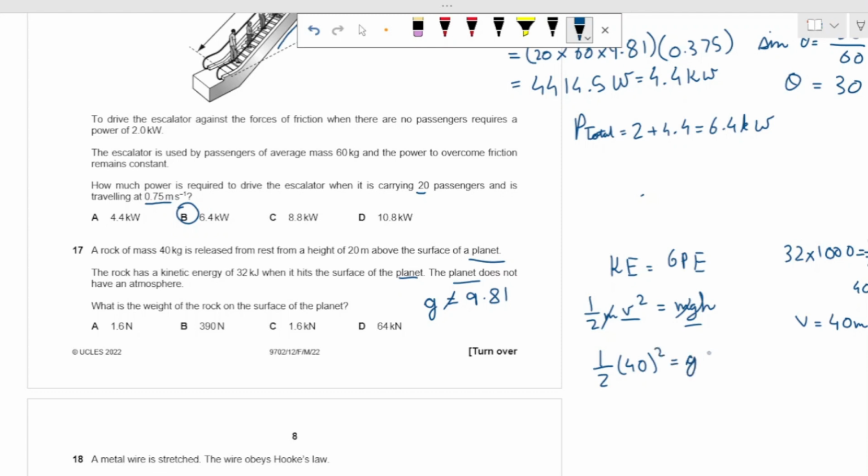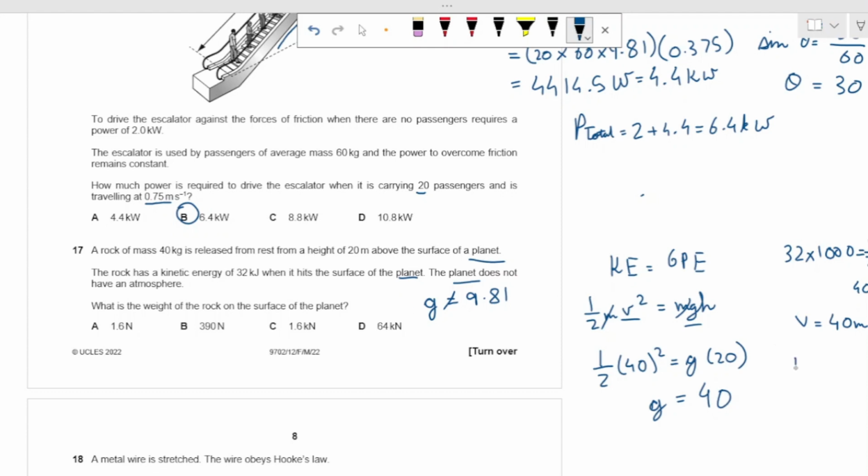And then we have gravity into 20. Now let's calculate gravitational force. That would be 0.5 into 40 square equals to gravity into 20. That would give us the gravitational acceleration of 40. Alright, so we calculated gravity as 40.